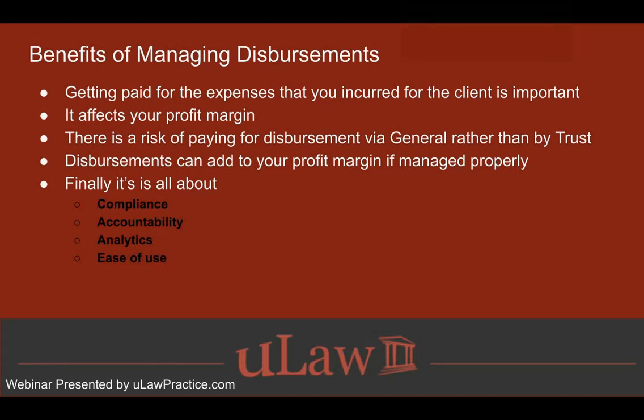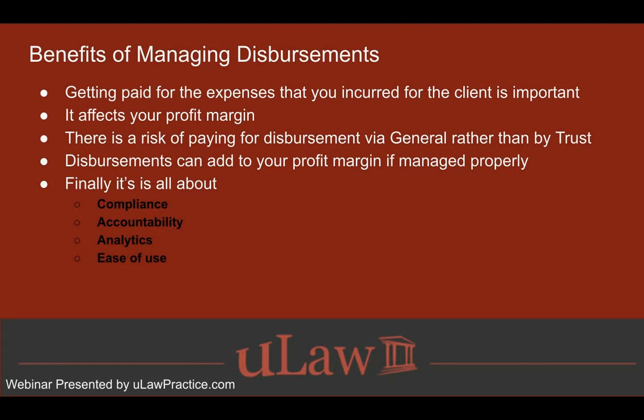And there is always a risk in paying for disbursements via the general ledger rather than the trust, because when you're using your general account, it is your money that you're using. If you forget to invoice, or for some reason you don't record the proper amount, you're at a loss. So the risk is high when you're paying disbursements via general.